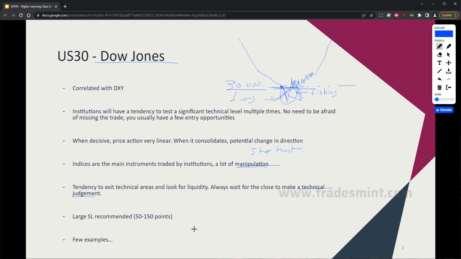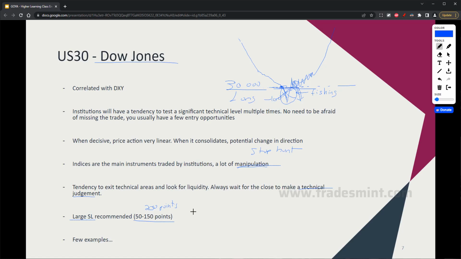And finally, for the stop loss, I recommend a large stop loss, between 50 and 150 points. Sometimes if you're looking for a big swing on the 4 hours or the daily, you can get to a 200 point stop loss, but that's very rare. The stop loss is very large because US30 is very volatile and moves a lot.